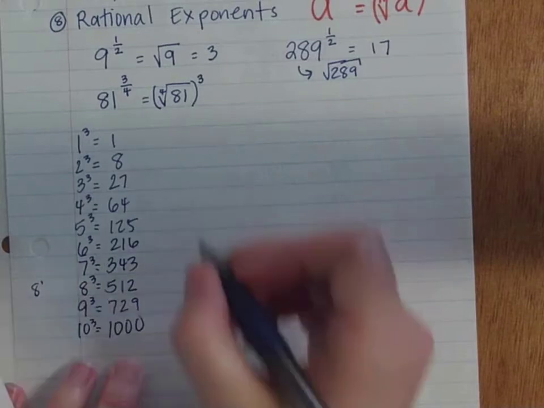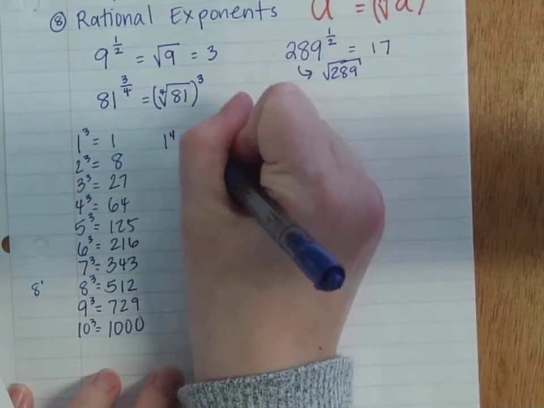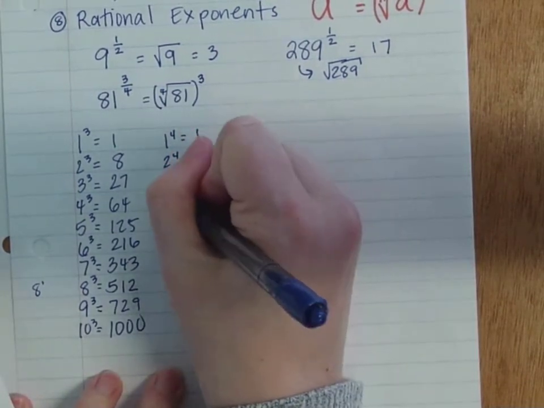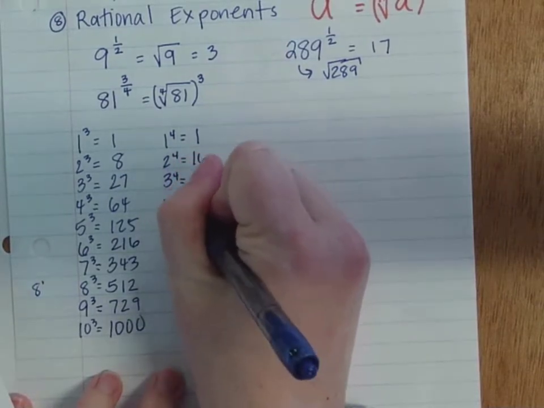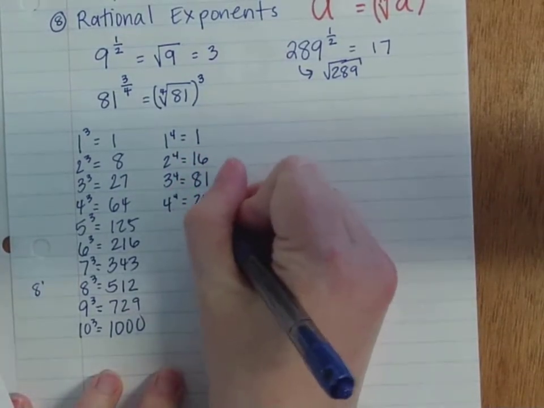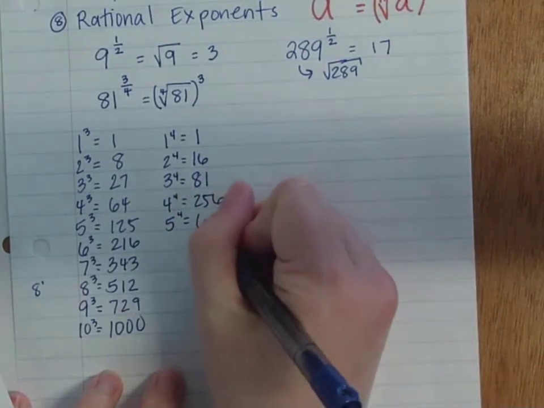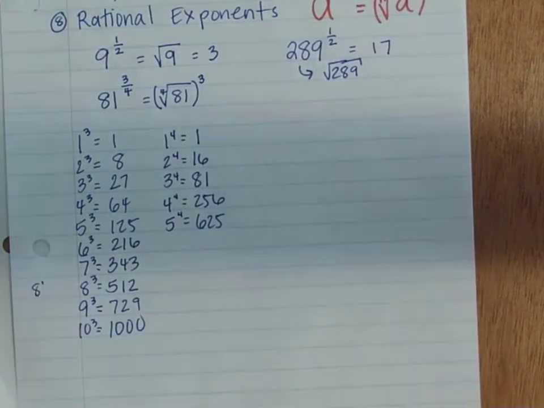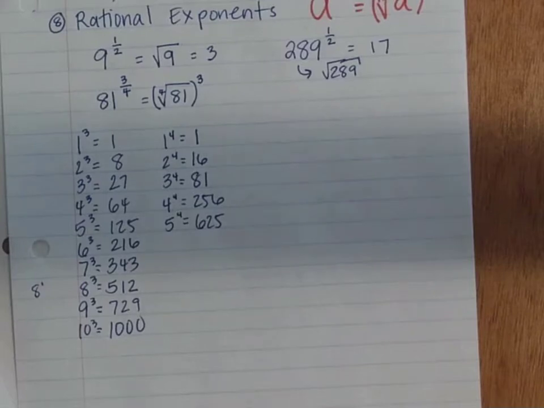Now, 4th root, I probably won't go much higher than 6. So 1 to the 4th is 1. What's 2 to the 4th? 3 to the 4th. 4 to the 4th. 256. And 5 to the 4th. 625. I probably won't go higher than 5 when we're talking about to the power of 4, because I'm not giving you a calculator, so I'm going to try and be fair, right?